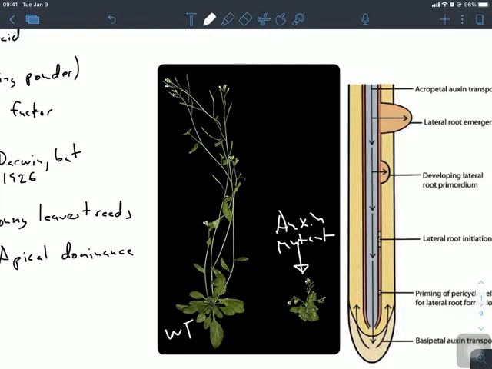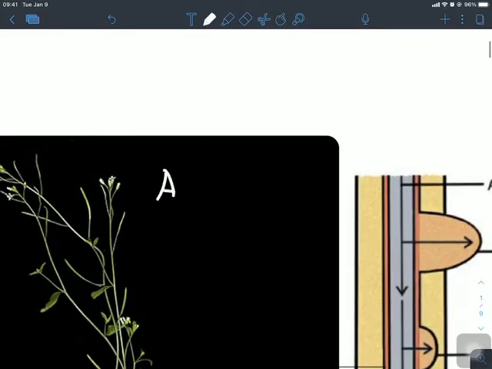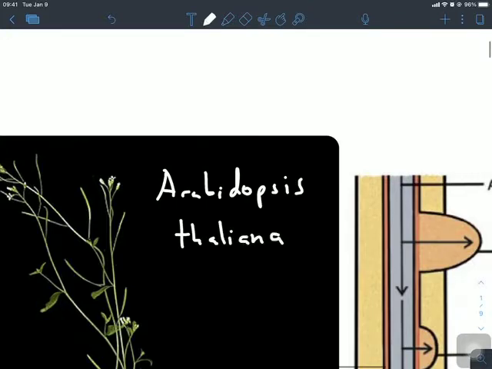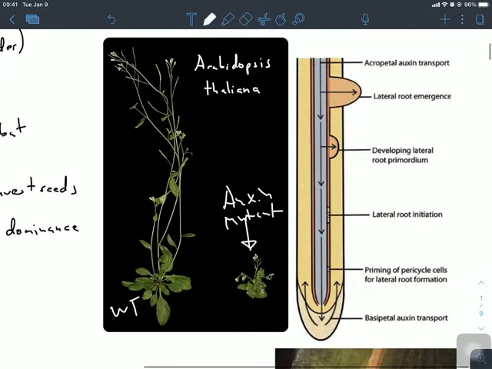The auxin plant itself, and this is our lab rat of plants, Arabidopsis thaliana, or thale cress in the common, for its common name.